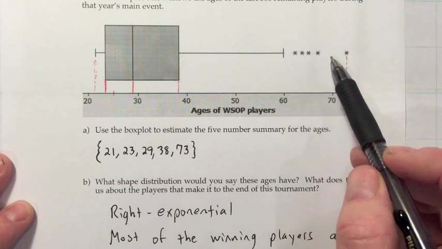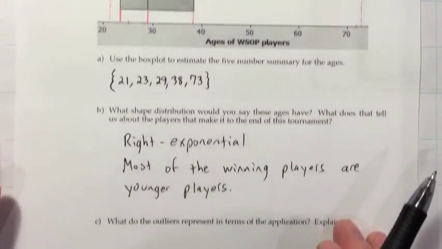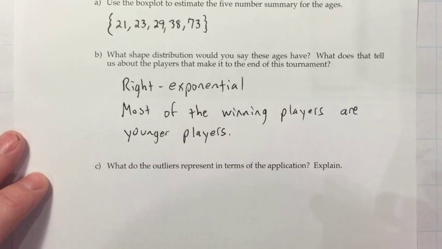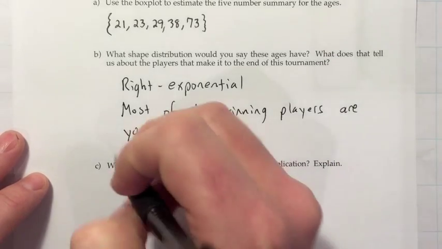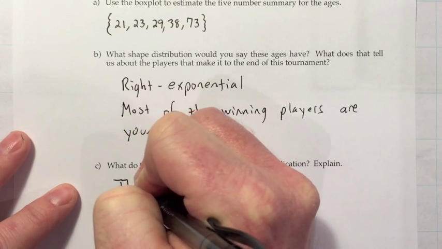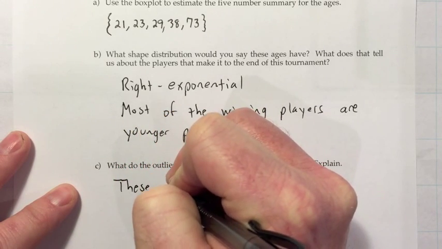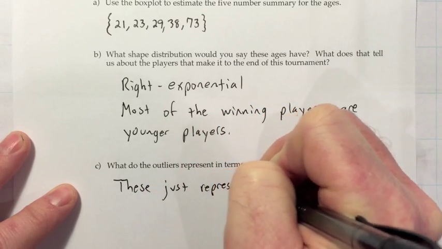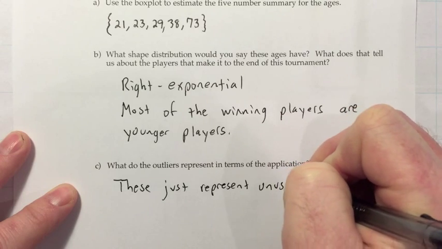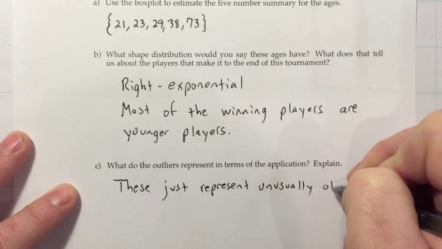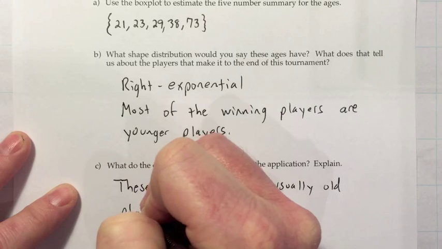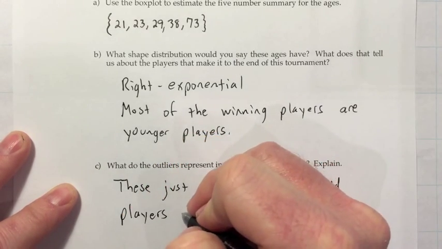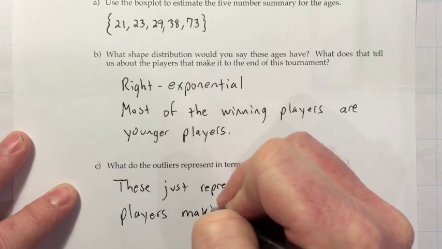So we have 1, 2, 3, 4, 5 outliers, and I just think they represent unusually old players to be making it to the end of this tournament. So these just represent unusually old players making it to the end of the tournament.